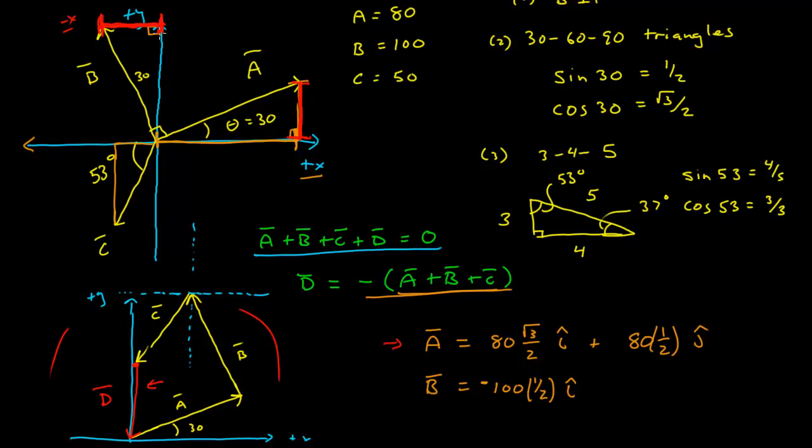And also, I don't rely on formulas to come up with my signs. I always go to my figure, and here, the figure told me for vector A, both components were positive, and for B, the x component was in the negative x direction.